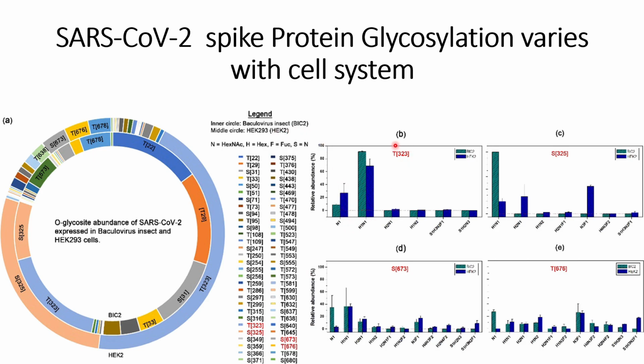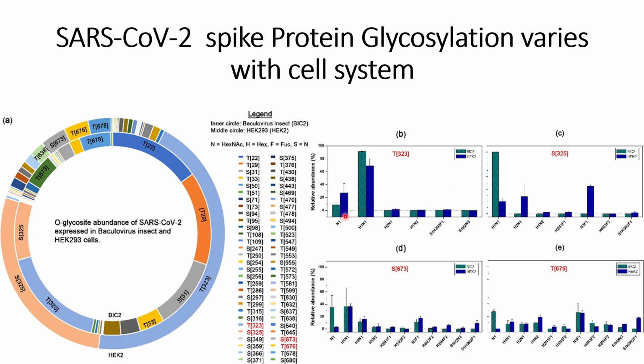As we can see in panel B, the H1N1 glycan is comparable in both the HEK cells and the BIC2 cells expressed spike protein at the T323 site. However, there is some difference in the case of N1 production at this site.